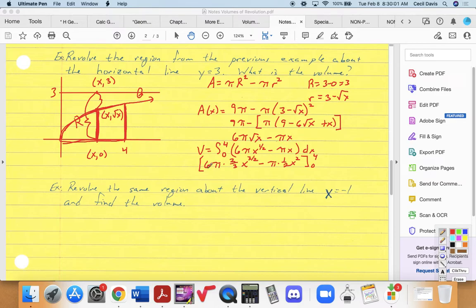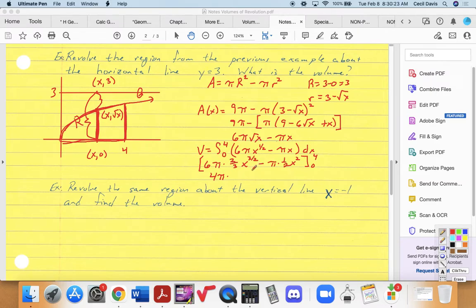Let's see, that's going to be 6 pi times 2/3 is 4 pi times 4 to the 3/2, sorry, 4 to the 3/2.